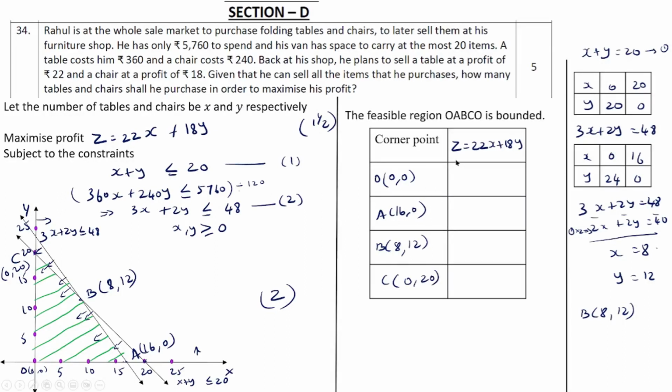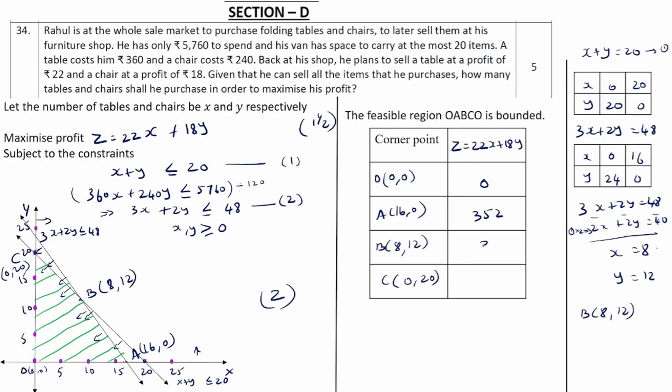Now the value of z when x is 0, y is 0 is 0. Then the value of z when x is 16, y is 0 is 22 into 16, so it is 352. And the value of z when x is 8 and y is 12 is 22 into 8 plus 18 into 12.